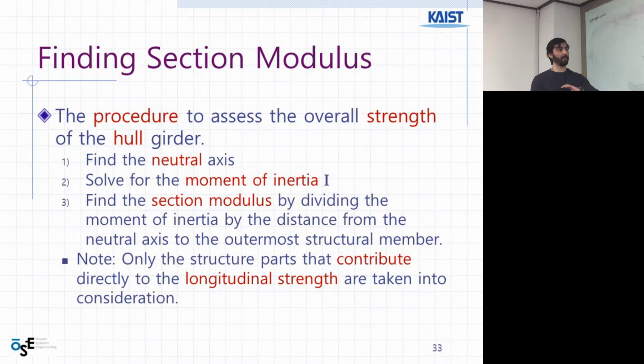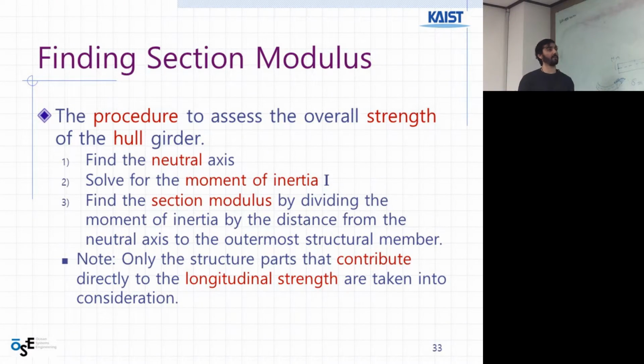Using the simplified beam equation from Euler-Bernoulli theory, the strength can be calculated for the longitudinal bending.